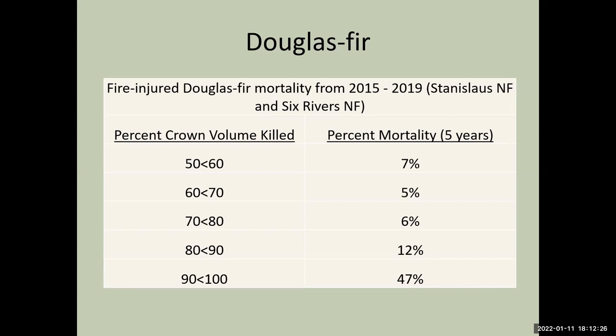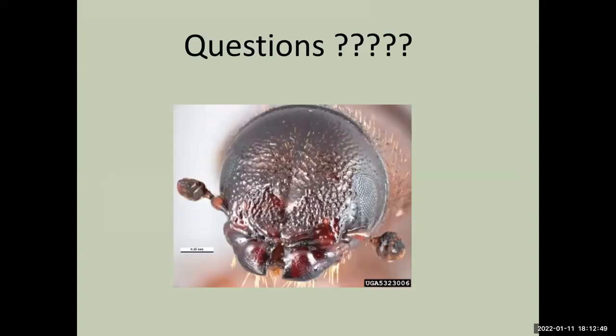We pretty much ended it there, but I have gone back to areas 10 years later and seen, during the next drought window, a lot of trees that were injured ultimately die during that next disturbance event, drought. So at 5 years, this is what it looks like, but it could increase over time. And I'll stop there with any questions.